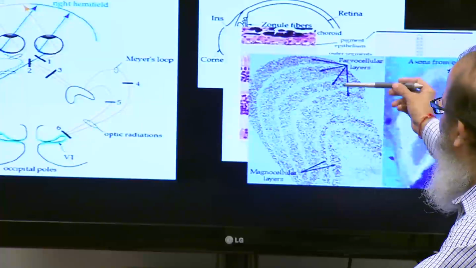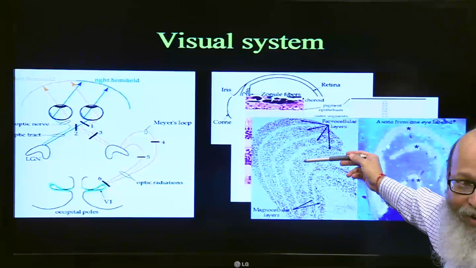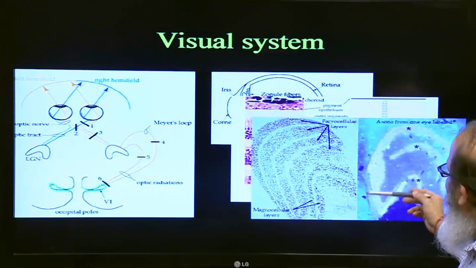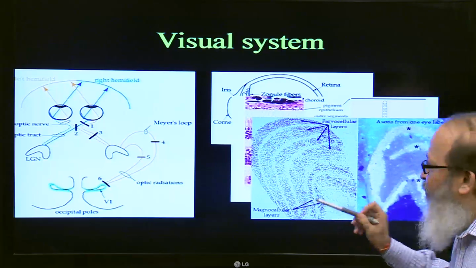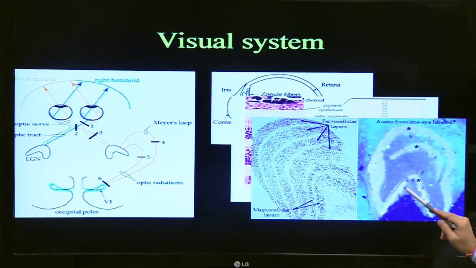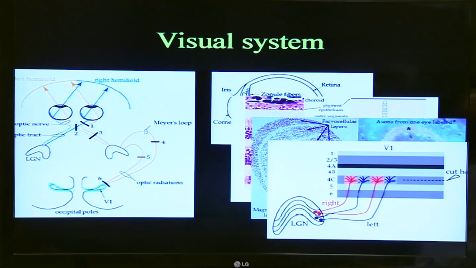See, these belong to one field, one eye, these belong to the other eye, right. See, if you look at this, axons from one eye are labeled. This reaches the 6 layers of visual cortex, which are very, very specialized.